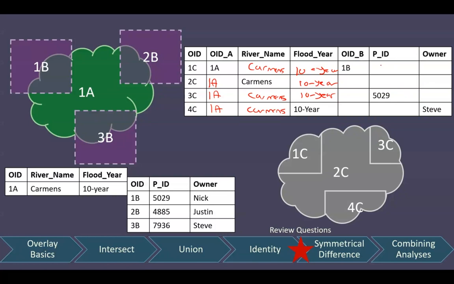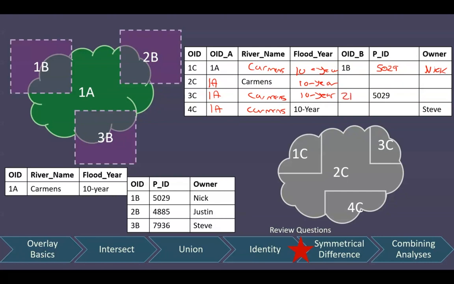So the first one here, 1C, this represents the overlap with 1B. So again, we're going to go to 1B and we're going to grab 5029 and Nick. I'm going to skip 2C. I'm going to go to 3C. 3C here represents the overlap with 2B.